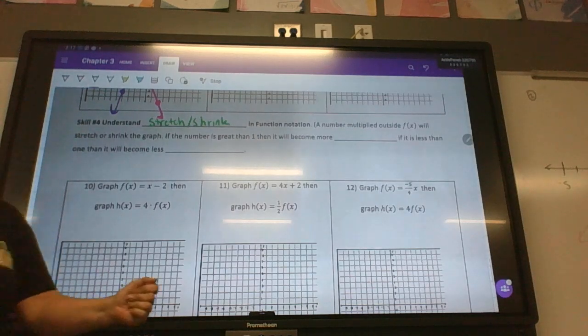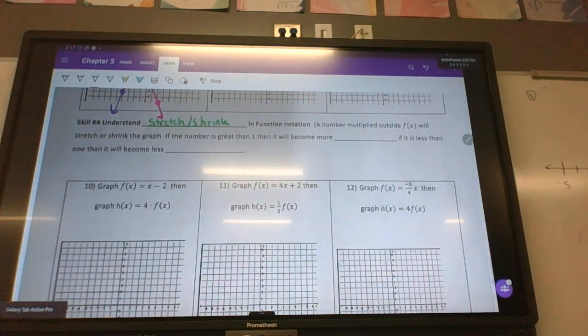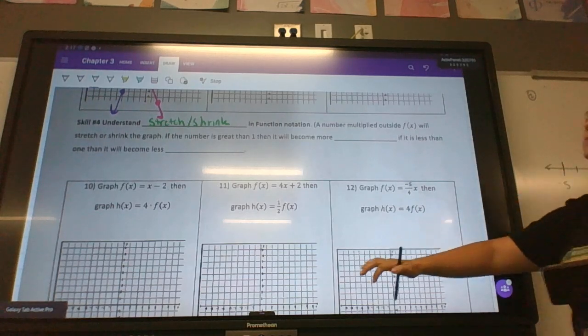Nathan, you remember in Bellwork we already have done a stretch. Up 1 over 1 was the regular, up 3 over 1 is the stretch. That's what we're doing here.